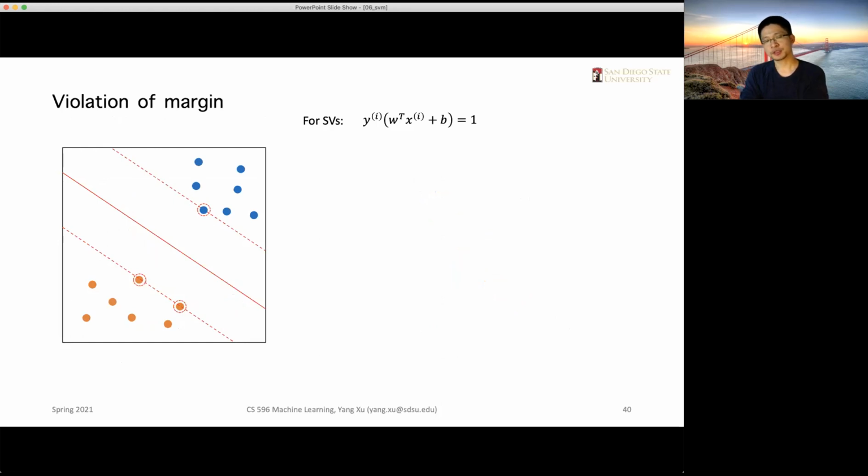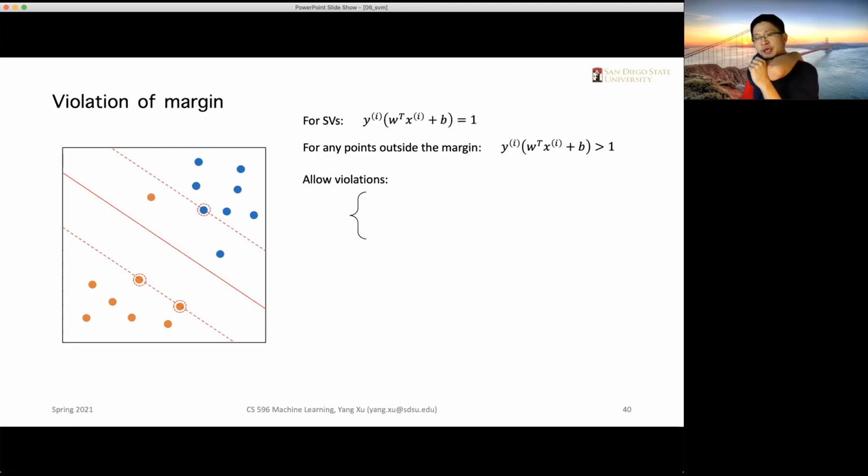For support vectors, we know that y times the linear expression equals 1. So for any data points outside the margin, we must have yi times this linear expression greater than 1. Okay, but what about some inside data points? Because we are considering violations, if we allow for violations, then we actually have two scenarios.